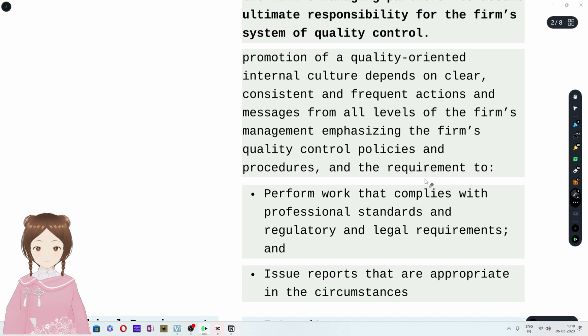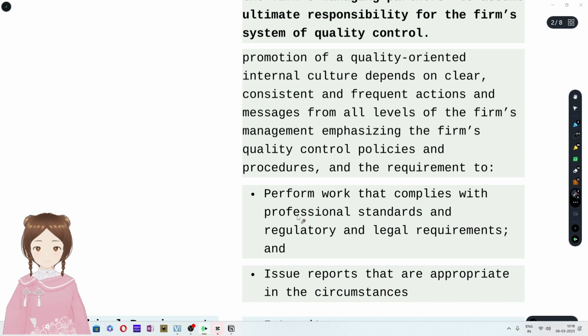What's their purpose? First of all, why was quality there? Quality is about the work. What work are they doing? They're doing engagements, which have to be done in compliance with what? Audit has to be done in compliance with auditing standards. That's the same thing here. We are also writing: perform work that complies with professional standards and regulatory and legal requirements.